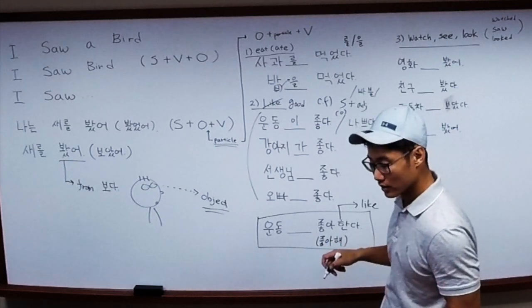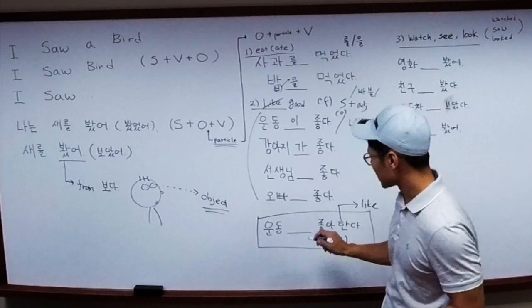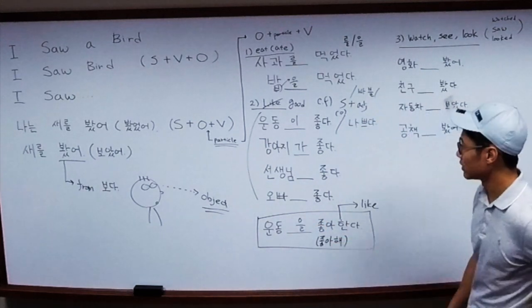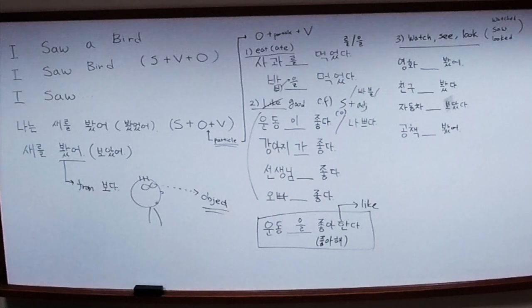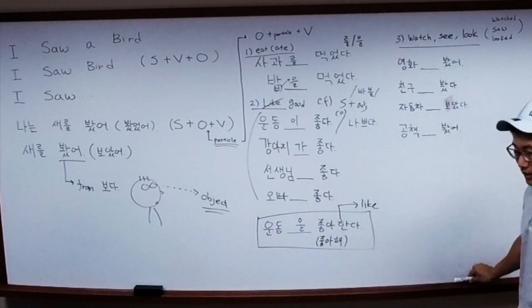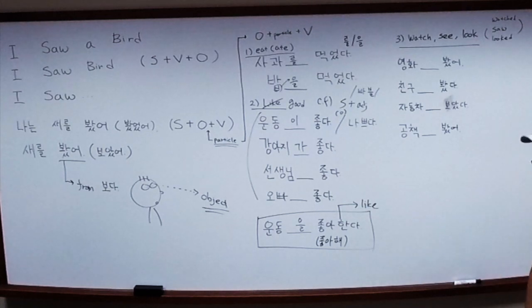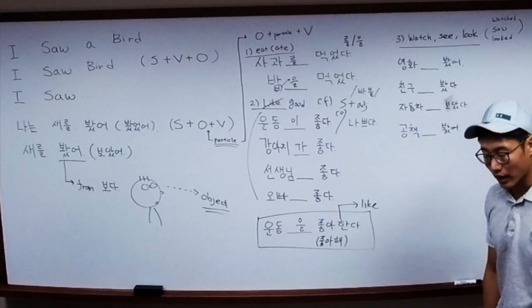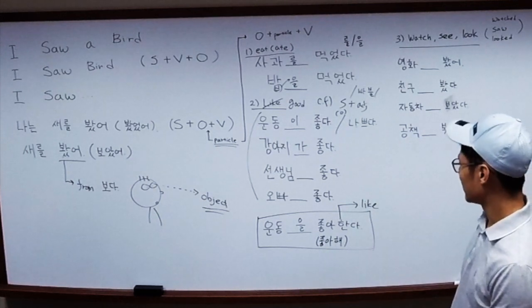So 운동을, 그렇지. Okay, very good. What about here, 강아지? 그렇지, 강아지를. Very good. 강아지를 좋아한다. 강아지를 좋아해. Okay.